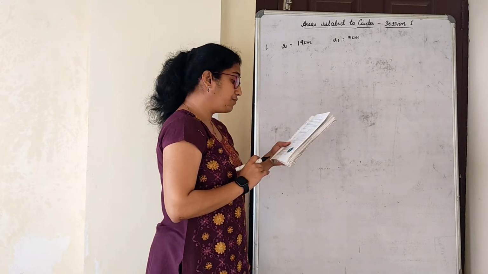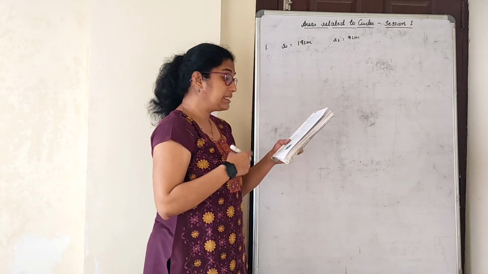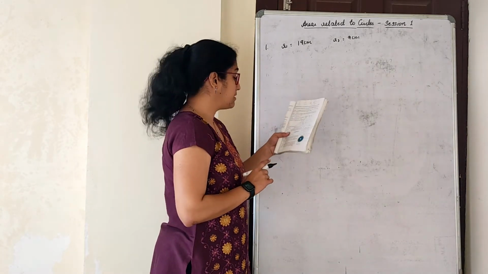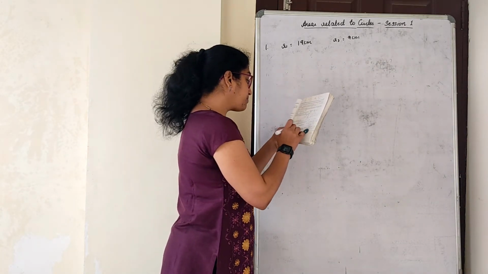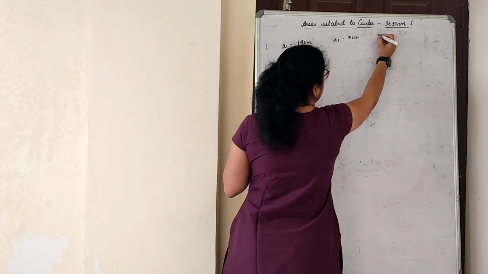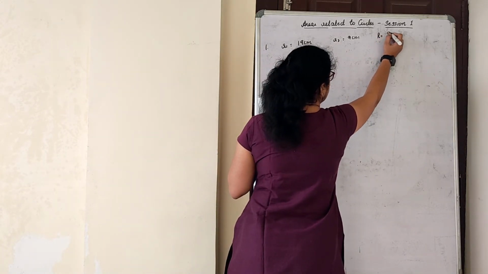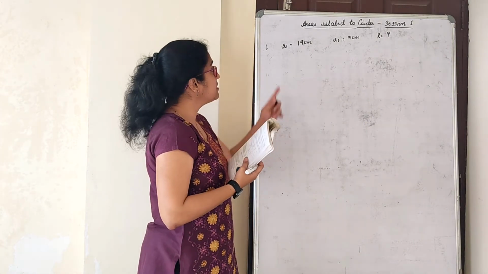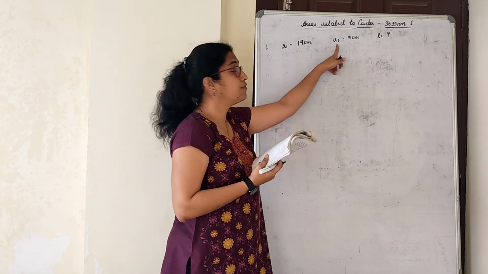Find the radius of the circle which has circumference equal to the sum of the circumferences of these two circles. Find the radius of the circle and just write it as a capital R. Radius of the circle whose circumference is equal to the sum of the circumferences of these two circles.